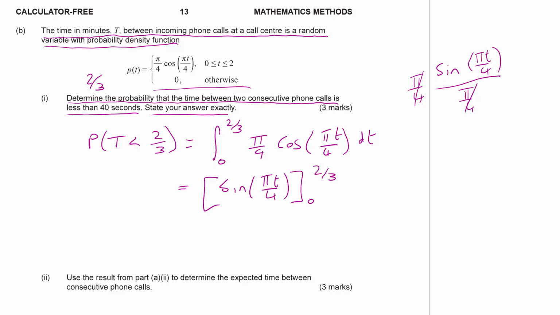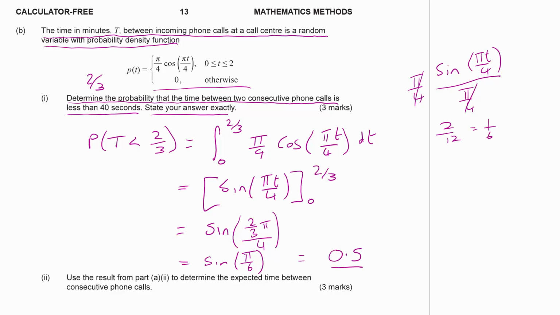The sine of 0 is 0, so we only have to worry about the 2/3. So that's going to be the sine of 2/3 pi divided by 4. So that's going to be 2/12, which is 1/6. So it's sine pi by 6, which is equal to 1/2.